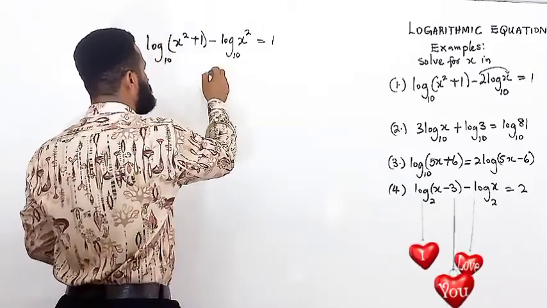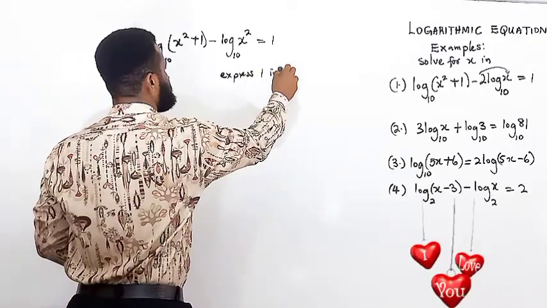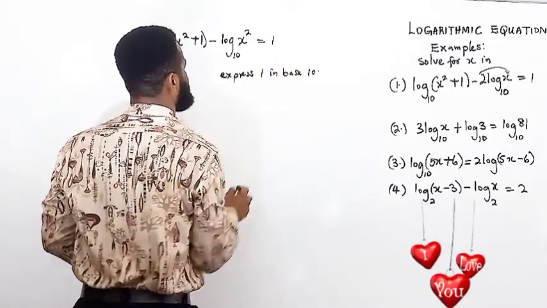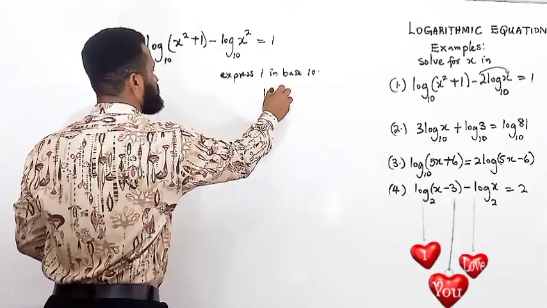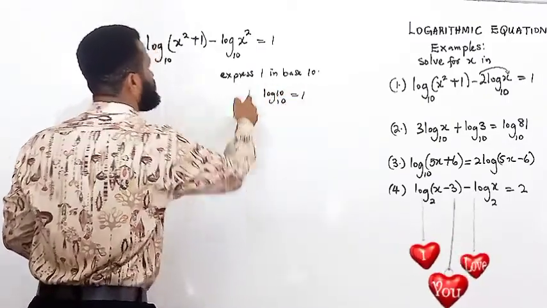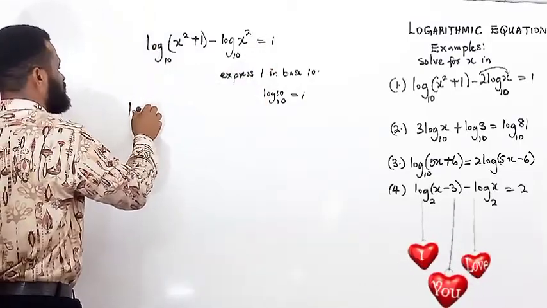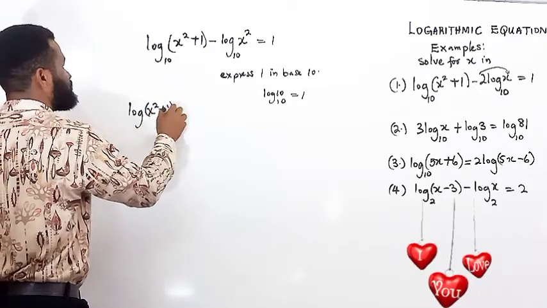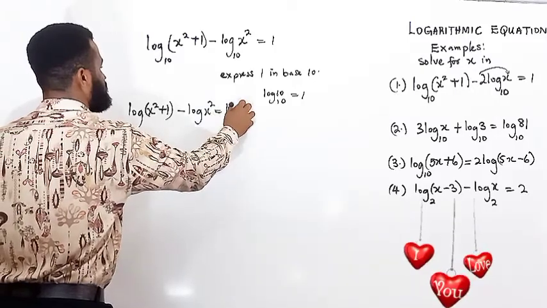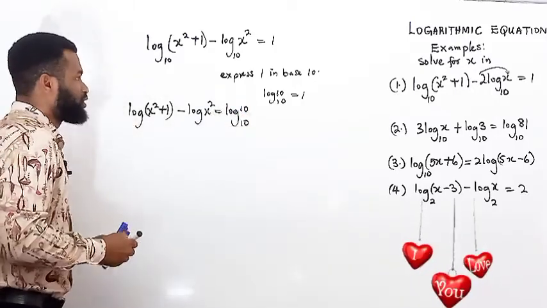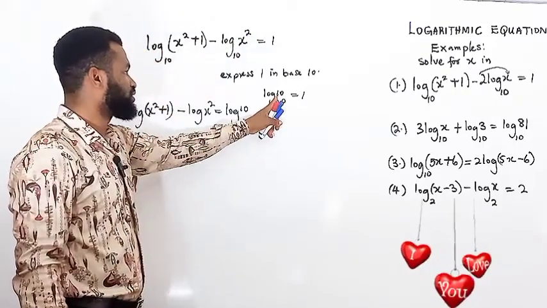However, you must express 1 in base 10. How do you do that? You just say log 10 base 10 is equal to 1. So I'm removing this one and put this. So I'll have log x squared plus 1 minus log x squared is equal to log 10 base 10. You see, this one, I have replaced it with log 10 base 10.